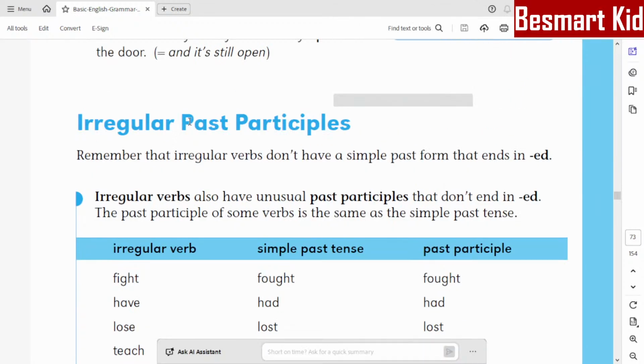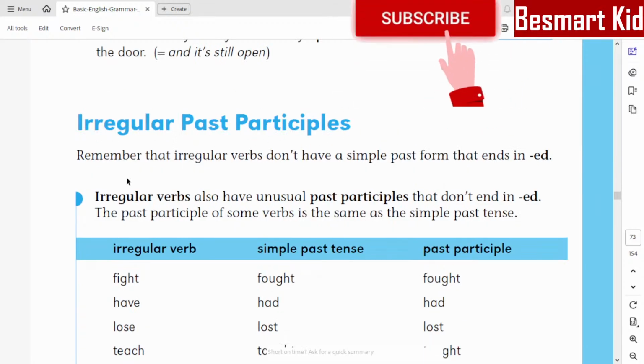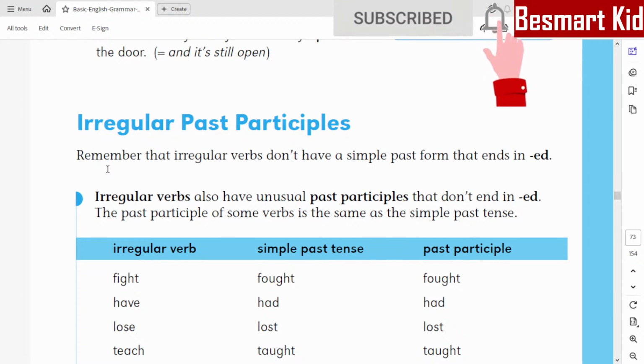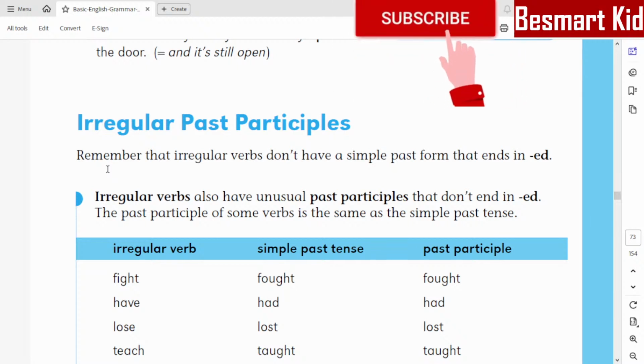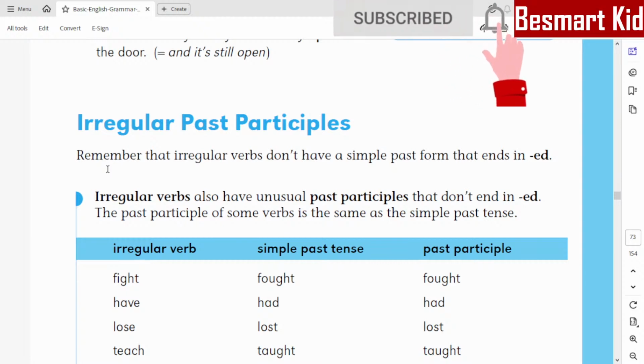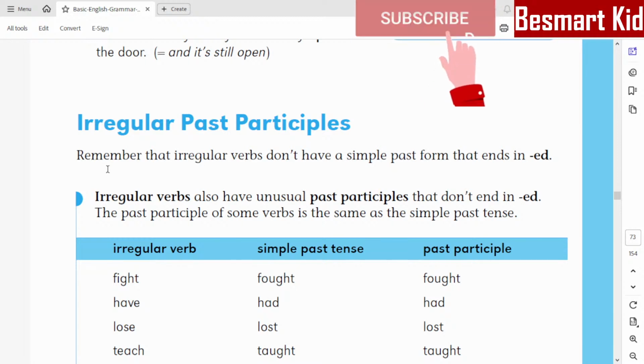The irregular past participles. Remember that the irregular verbs don't have a simple past form that ends in ed.